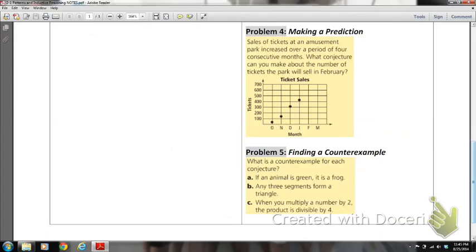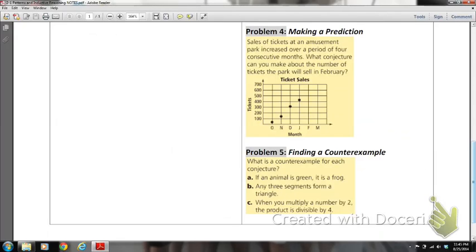In the next problem, we'll be making a prediction on sales of tickets. Sales of tickets at an amusement park increased over a period of 4 consecutive months. What conjecture can you make about the number of tickets the park will sell in February? So let's look at the graph that they give us.